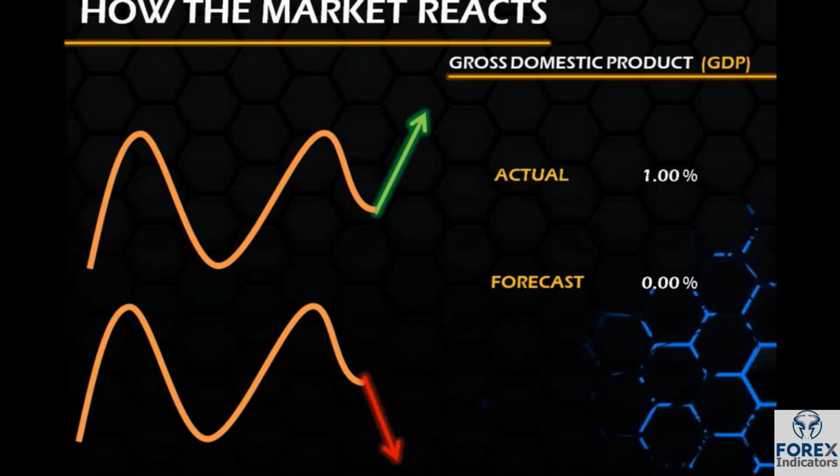The actual data that comes out for the GDP report is, let's say, 1%, and we forecasted it at 0%. So that's what we expected it to be at. So it is higher than expected. At the same time, it is a positive result. So at the end of the day, the market is going to react in a way that will push up the price of the United States dollar.